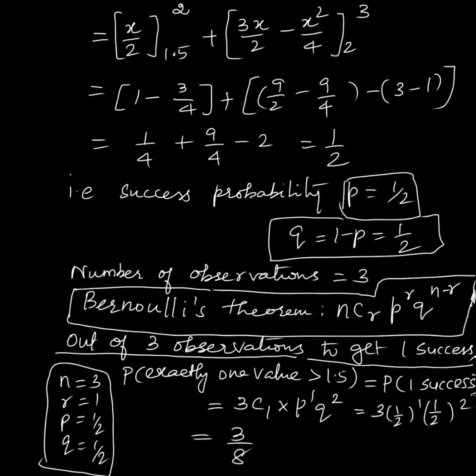Now according to Bernoulli's theorem, the formula is nCr p power r q power n minus r. So n, r, p, q, all the entries are substituted. For exactly one value greater than 1.5, the probability value is calculated by this formula. So the answer is 3 by 8 here.